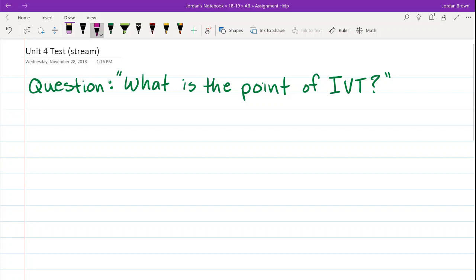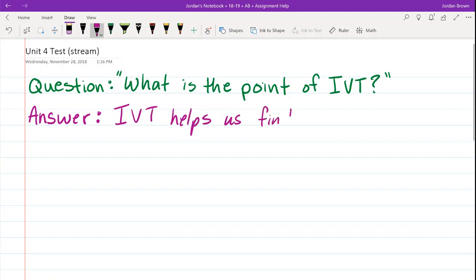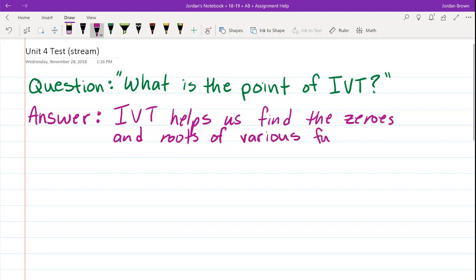And my answer is that IVT helps us find the zeros and roots of various functions. Okay?